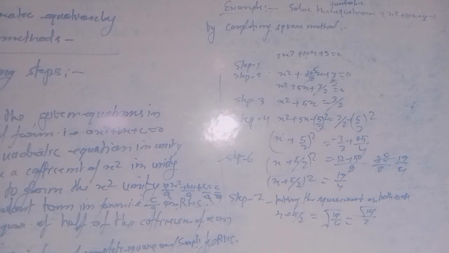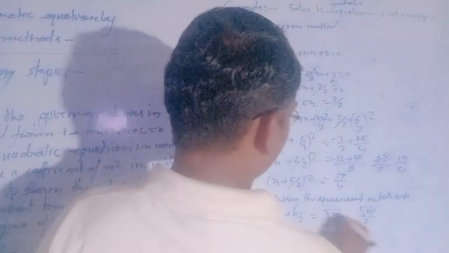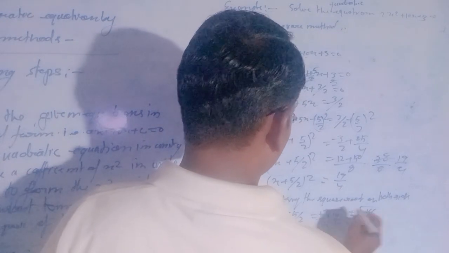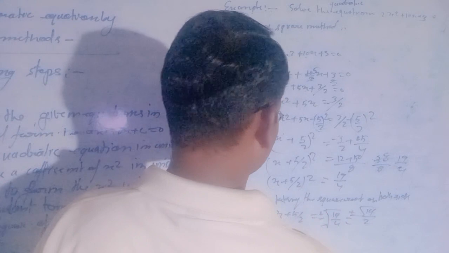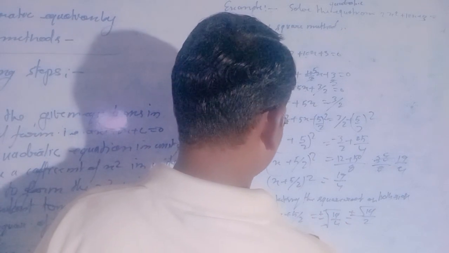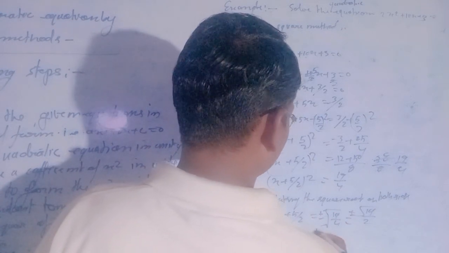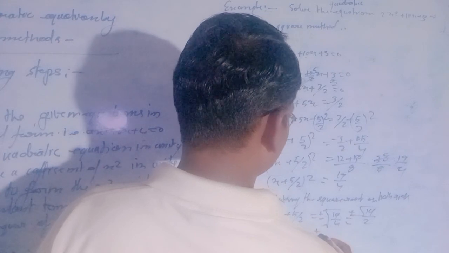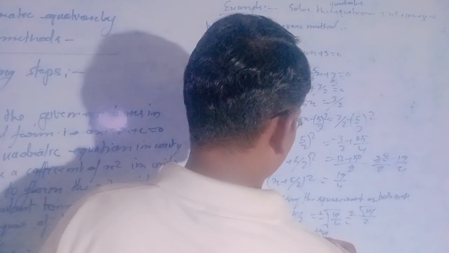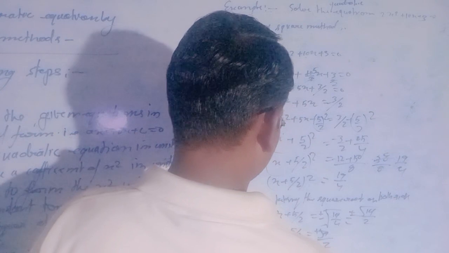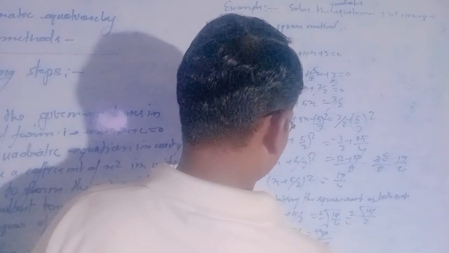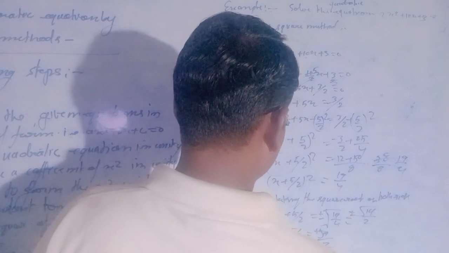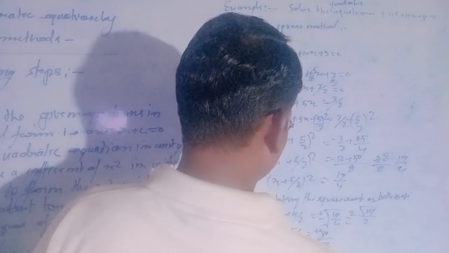So plus minus under root 19 by 2. If we take the plus, x plus 5 by 2 is equal to plus under root 19 by 2, then x is equal to plus under root 19 by 2 minus 5 by 2.